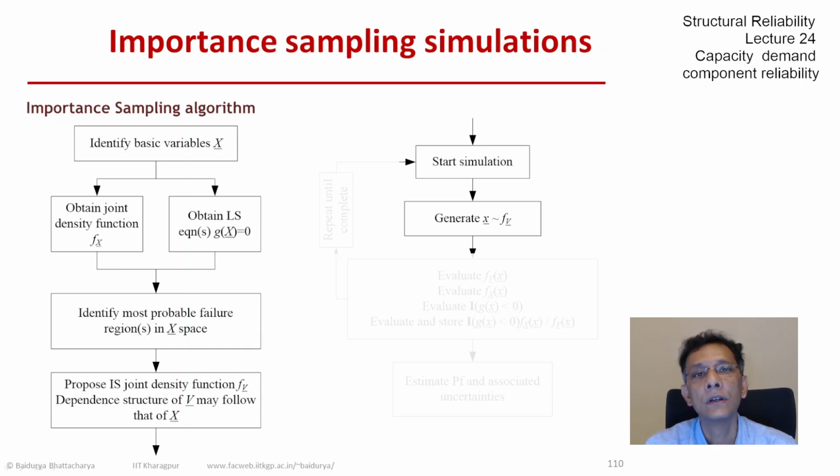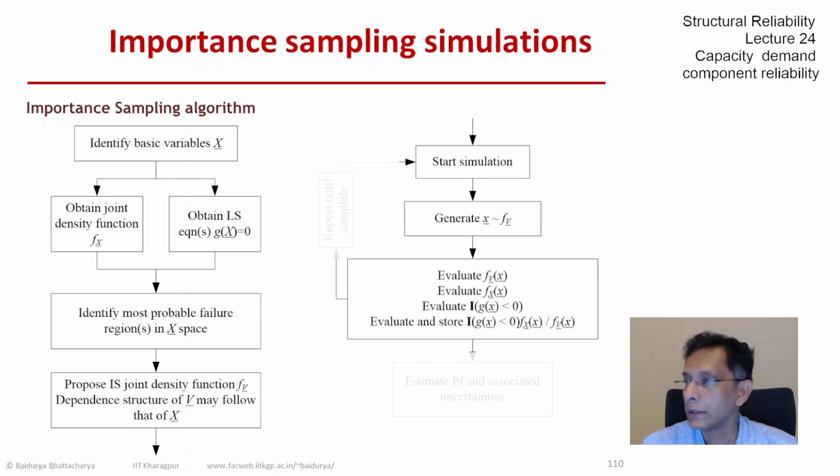So it is the shifted, the biased distribution, and then with that x that we have sampled from FV, we evaluate the density function FV there, we evaluate the density function Fx there, the same point, and then we evaluate if failure has occurred or not, and if failure has occurred, then we store the entire quantity that we are taking the expectation of.